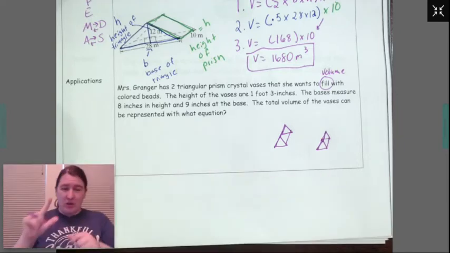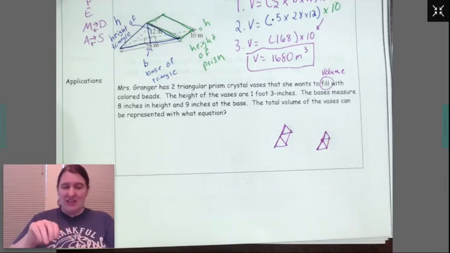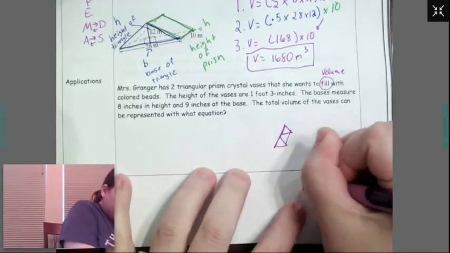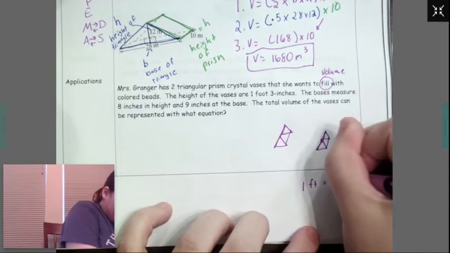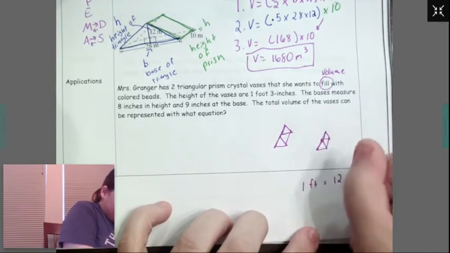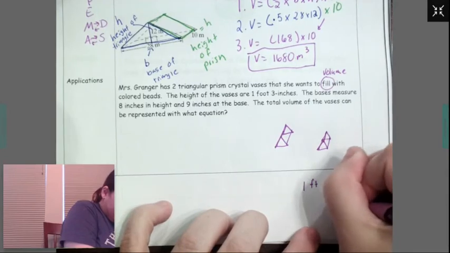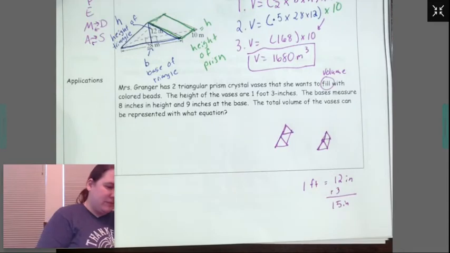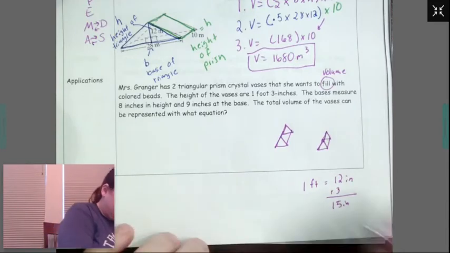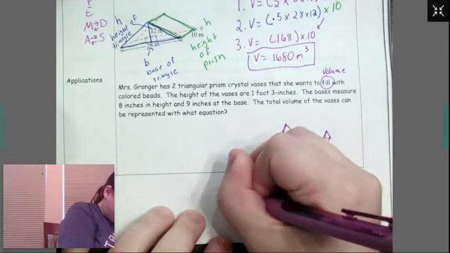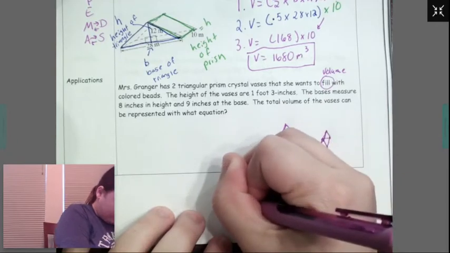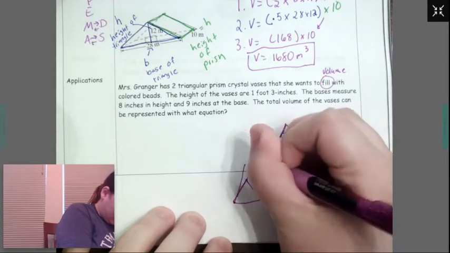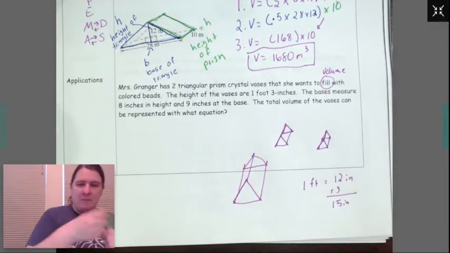So I want them all to be in inches since everything else is in inches. Make it bigger.